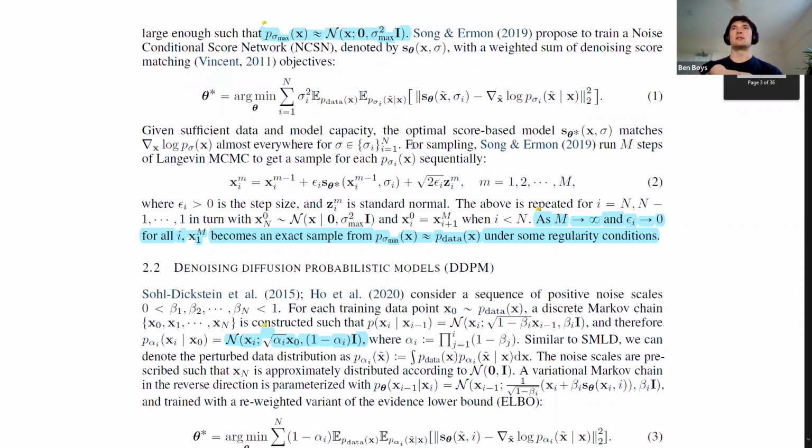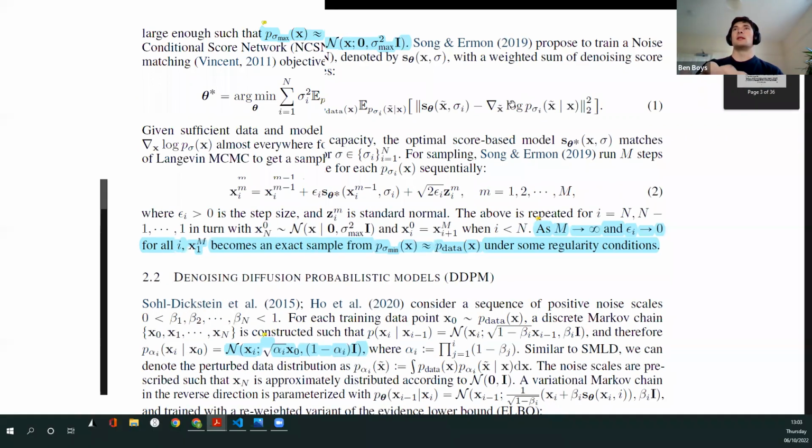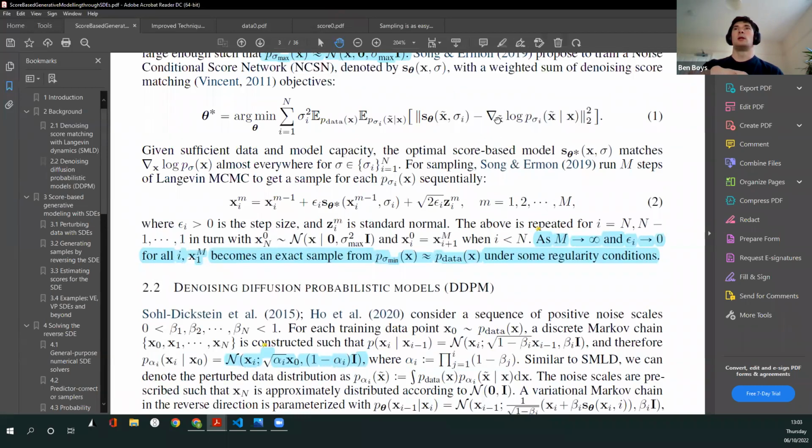And so there's a discrete number of i steps. There are n i steps. So there are n points, n layers at which you add noise to the data distribution. And what this objective is doing is predicting the amount of noise. So this log density is a conditional one.